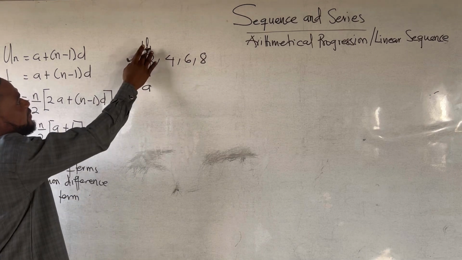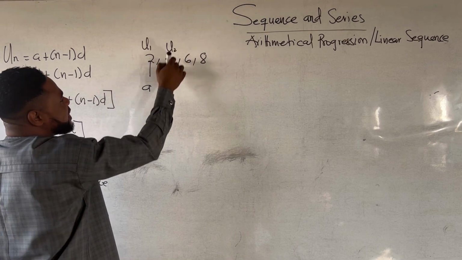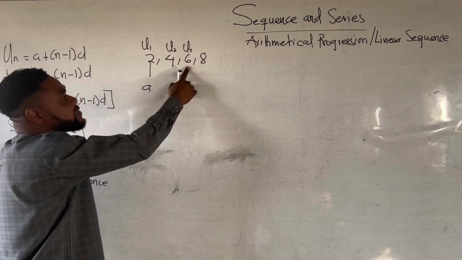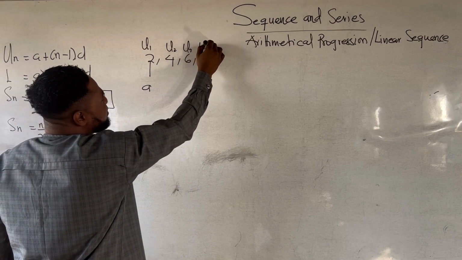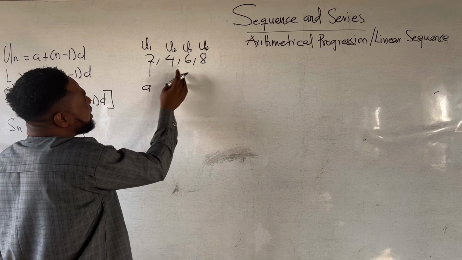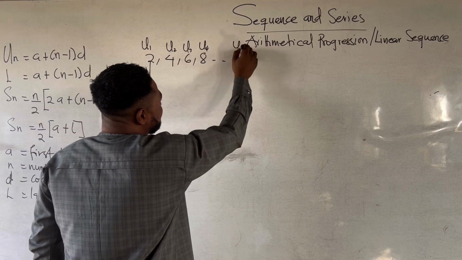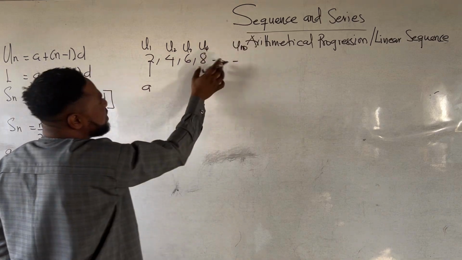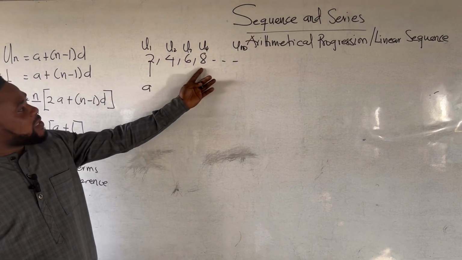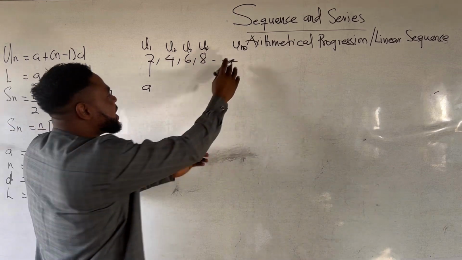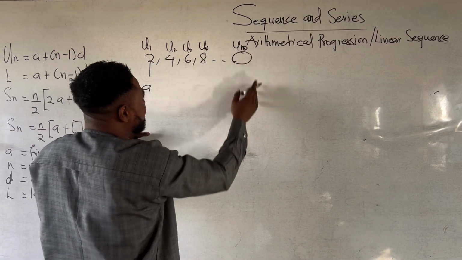So we say our first term is 2, our second term is 4, our third term is 6, and our fourth term is 8. I can ask you to find, let's say, the 10th term of this sequence of numbers you can see on the board. What would the 10th number be?